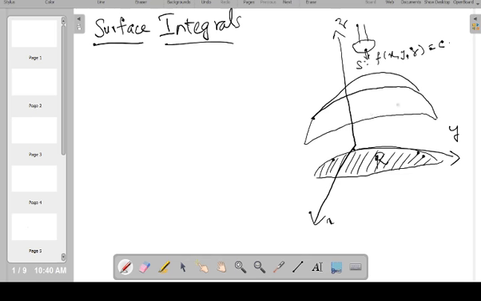And suppose you have a real valued function g defined over this surface S. This is the real line.